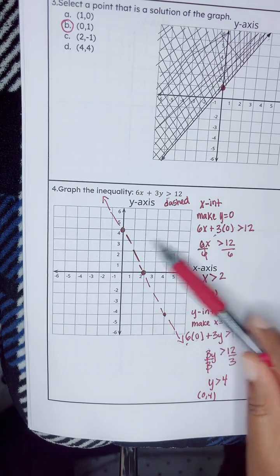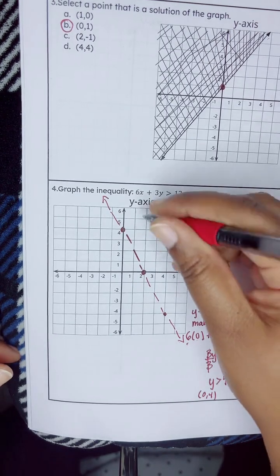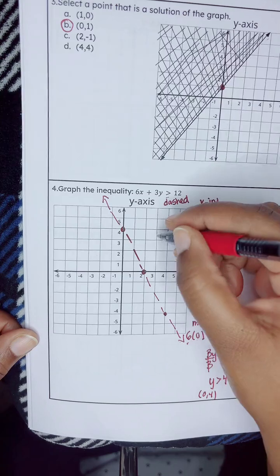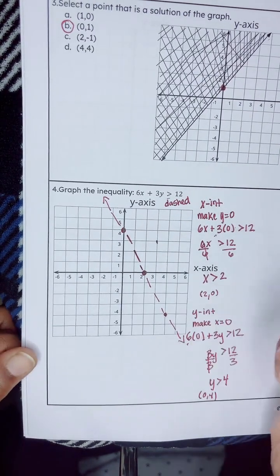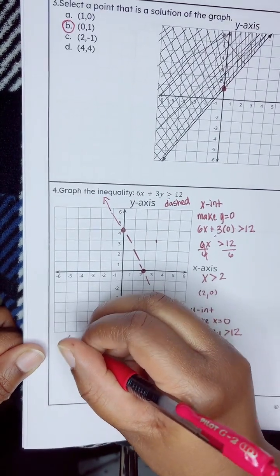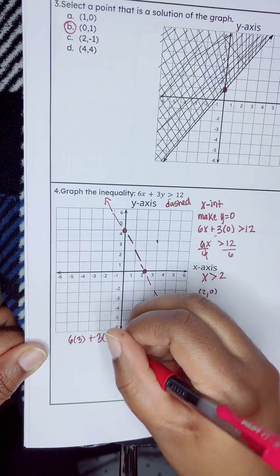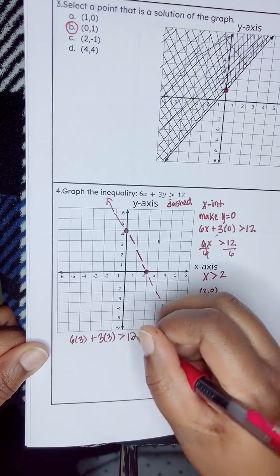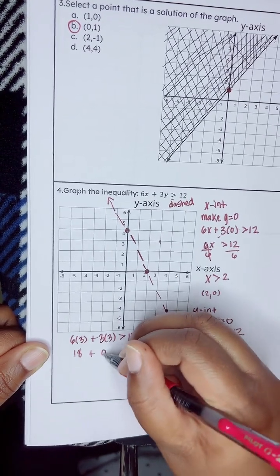Now, before we shade, I'm always going to do a test point just to make sure. I'm going to choose some point on the right here. So let's say I choose 3, 3. I'm going to test it to make sure that it's right. So I'm going to do 6 times 3 plus 3 times 3 is greater than 12. Well, 6 times 3 is 18, and 3 plus 3 is 9.